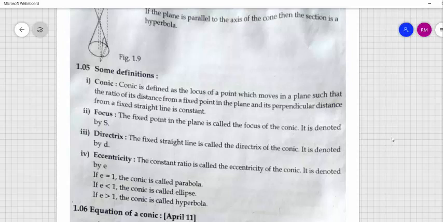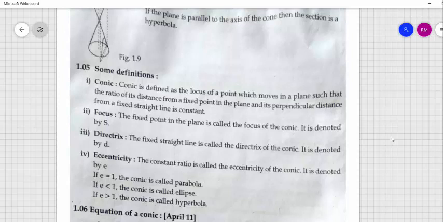This definition you already learned in 12th standard, so we are not going into detail. Just take a brief introduction.